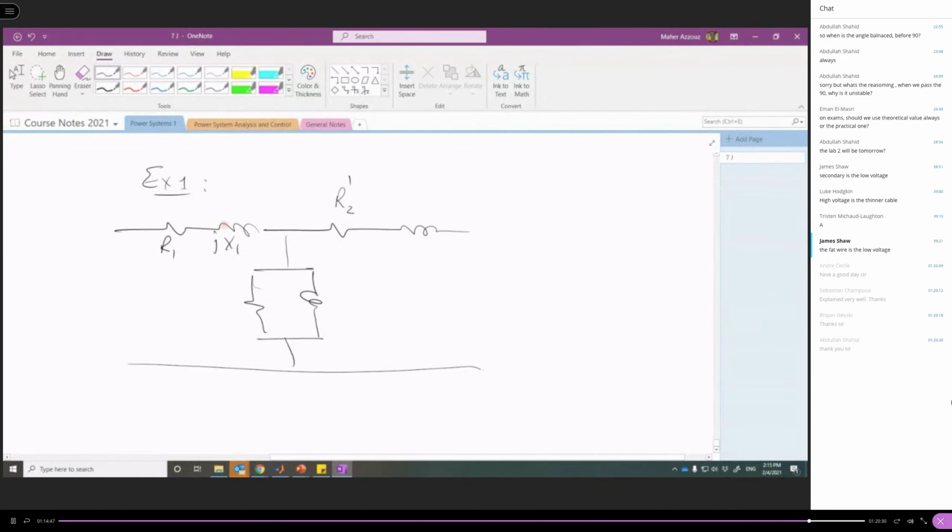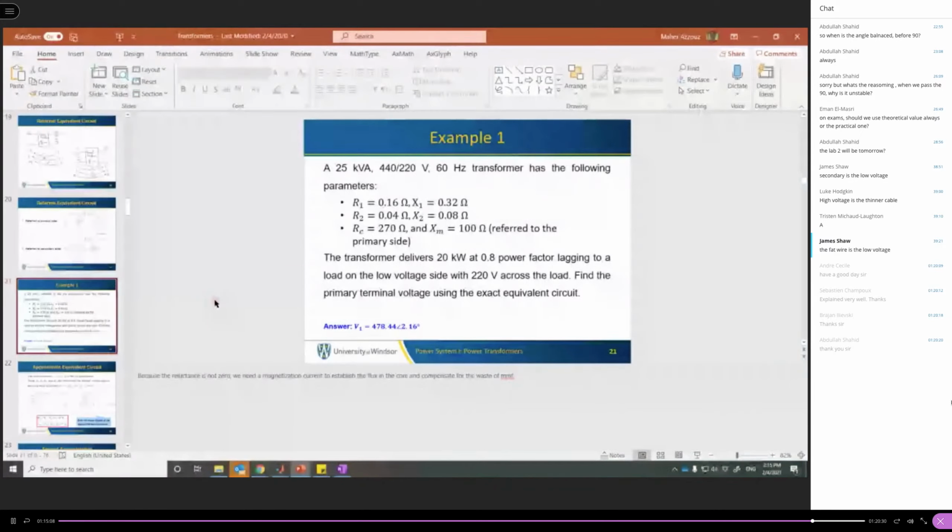So instead of using the resistance on the secondary side, we should refer it to the primary side. So we have R2 dash, we have X2 dash. Here, XM and RC are already calculated or given, referred to the primary side, so we don't need to transfer them or do anything.